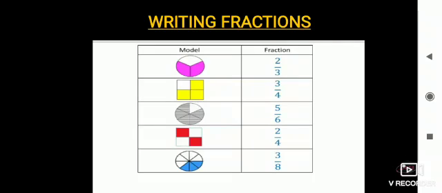So 2 by 4 will be the fraction written for the shaded part. The last figure is again a circle, which is divided into 8 equal parts, and out of 8, 3 parts are shaded. So you can write the fraction as 3 by 8 for the shaded portion.